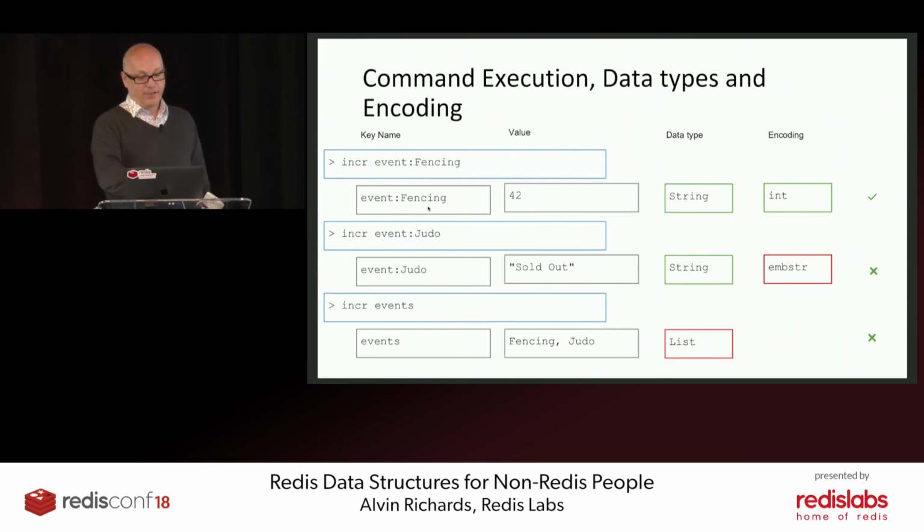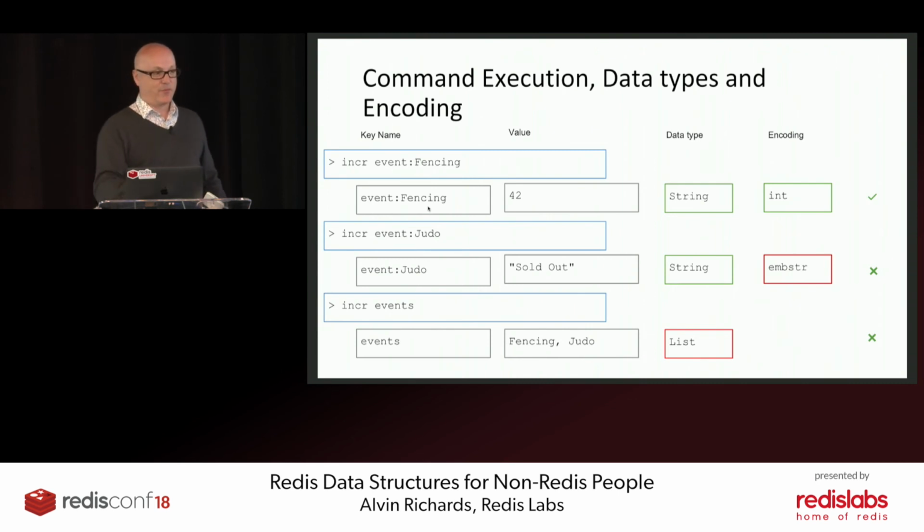Now, in this later example, we've got event judo, which has got a string of sold out. So it's a string, so it's the right data type, but an increment can't increment a string, right? So the command cannot execute because the value inside the string is not actually a number.